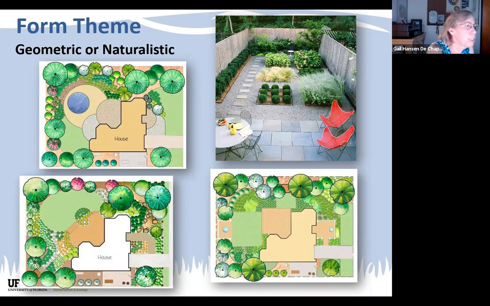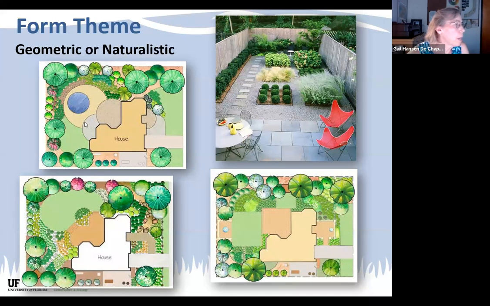A form is usually just geometric or naturalistic. Those are the two categories that we divide form into. So you can see on the image on the top there, the plan view image, you can see one where circular form was used. Right here on this one here, you can see the circular form is used here.